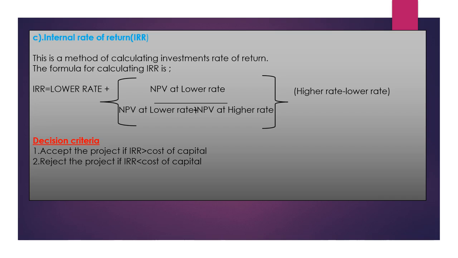This is criteria number 2: you reject the project if IRR is less than the cost of capital. So after calculating, you find the IRR is less than cost of capital, simply, you reject the project.